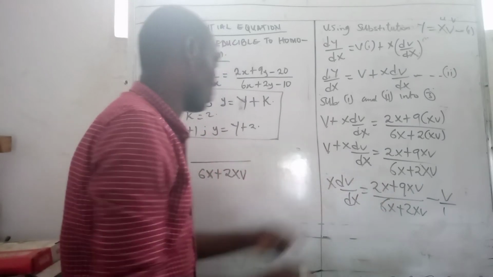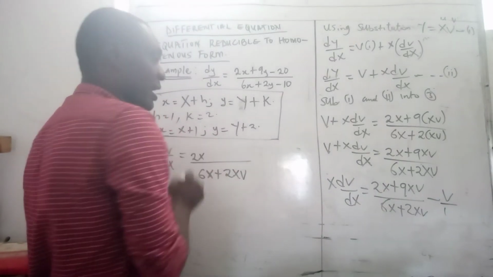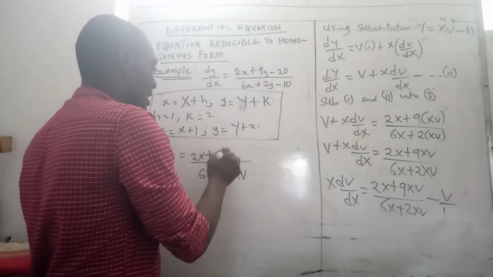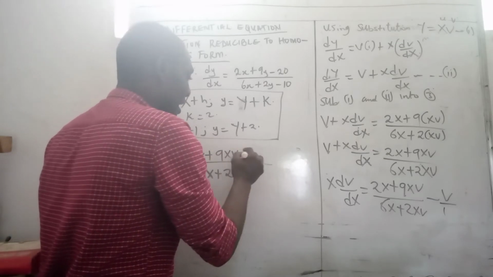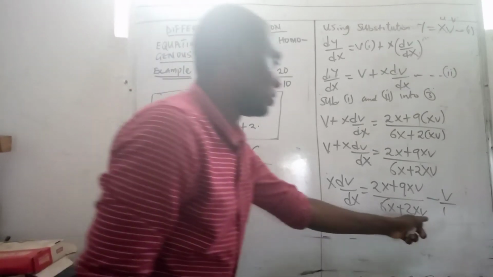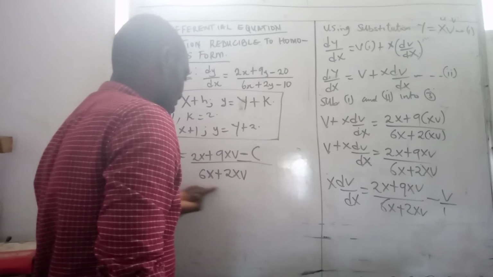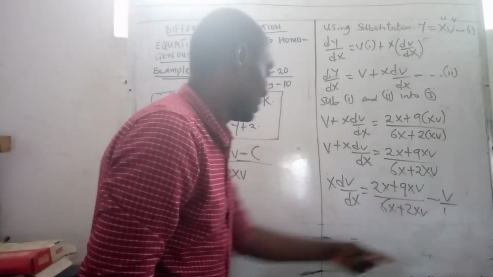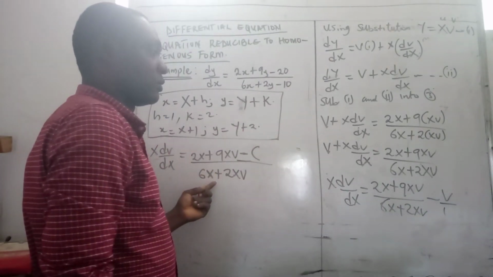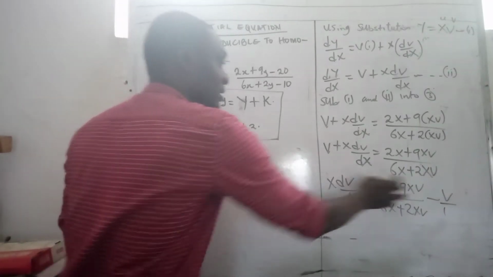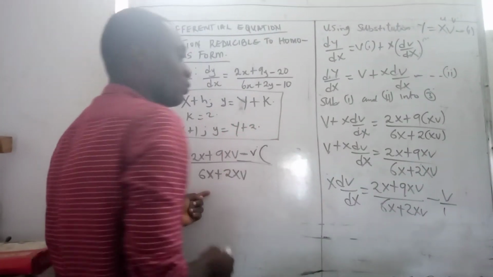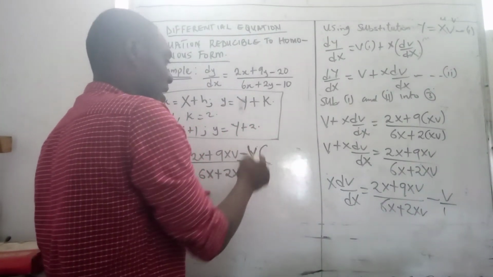So when this goes into this, divided by this is 1. When I multiply by this, I'm going to have 2x plus 9xv minus, so this divided by 1 is this. So I'm going to multiply it by this. So I have v minus v into, so I'm going to multiply this by this.